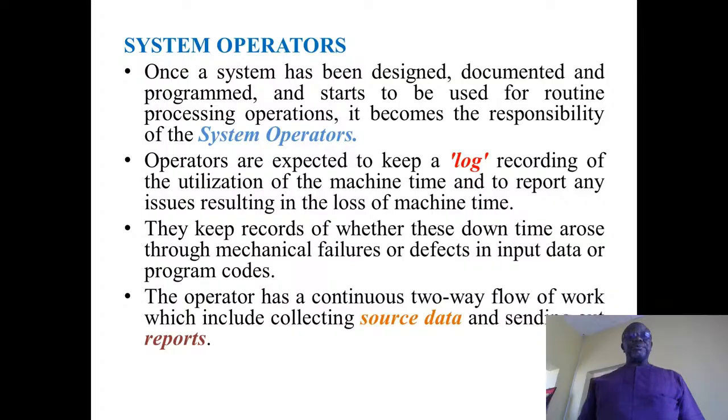The first group are the systems operators. Once a system has been designed, documented, and programmed, and starts to be used for routine operation, it becomes the responsibility of the system operators. Operators are expected to keep a log recording of the utilization of machine time and to report any issues resulting in the loss of machine time. They keep records of whether this downtime arose through mechanical failures or defects in input data or program codes.